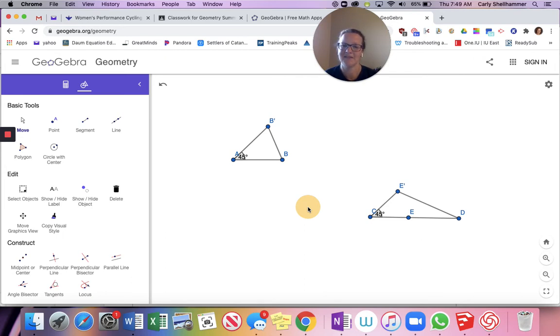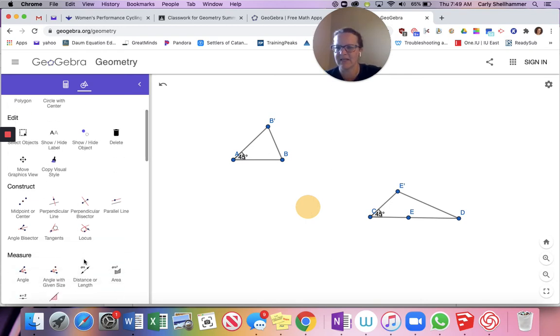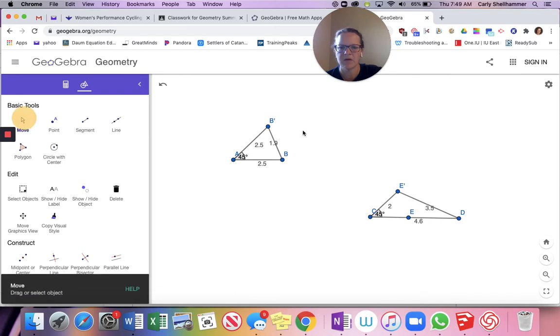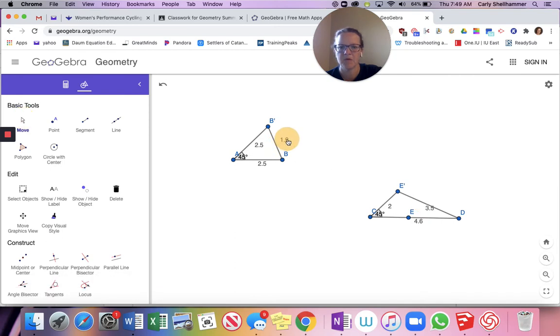Are those triangles similar? No. If I did some measurements here, those are both 2.5 and 1.9, 2, 4.6, and 3.5. We couldn't set up any proportional measurements where the proportions were equal.